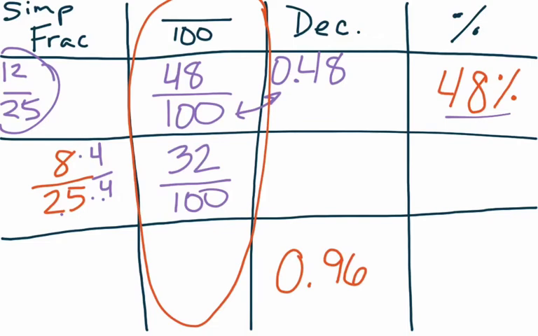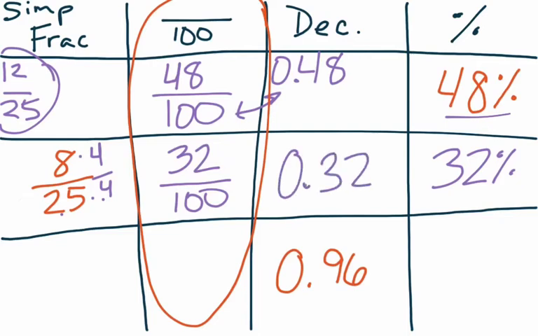So if it's 32 over 100, I know it is 32%. And I know that this fraction is read as 32 hundredths. Now, I could go to my calculator and type it in as 32 divided by 100, but we read them the same way, so I'm just going to go with that.